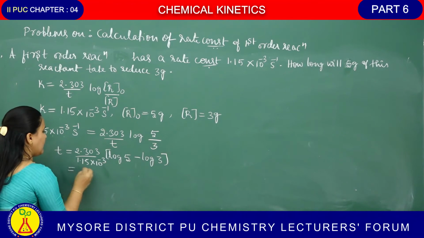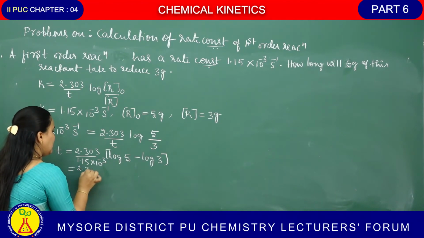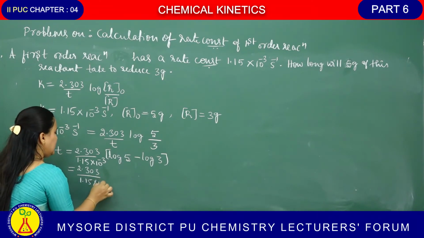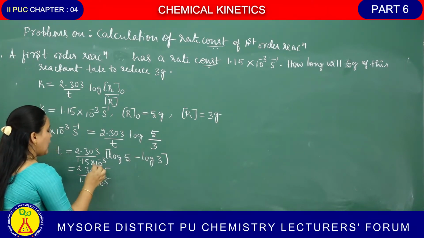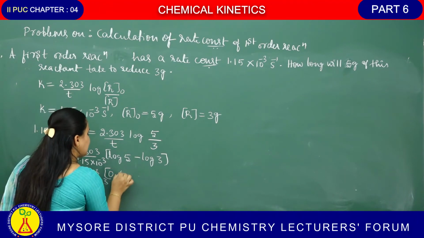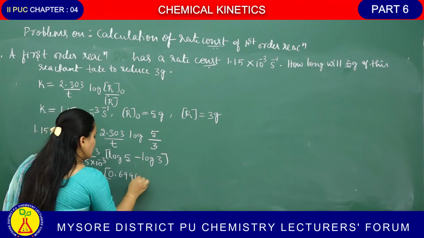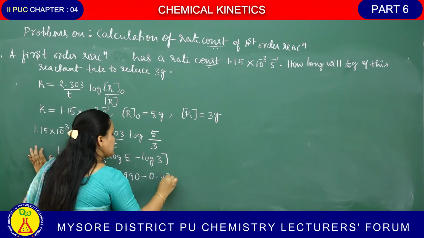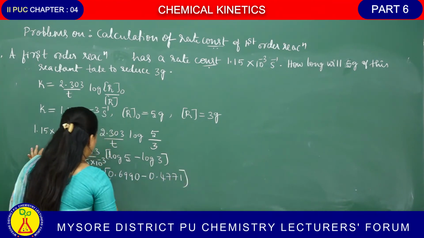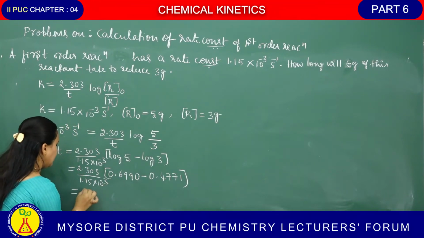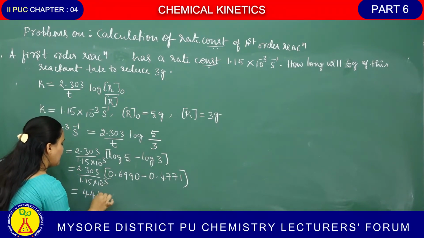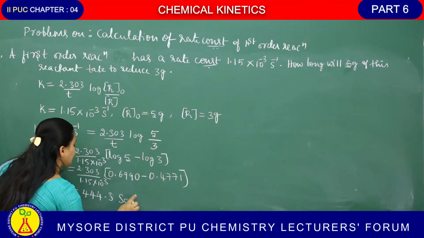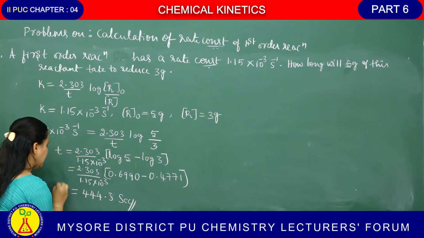What is the log 5 value? 2.303 divided by 1.15 into 10 power minus 3. Log 5 value is 0.690 minus log 3 value is 0.4771. Calculate, finally we get 444.3 second. This is the final answer.